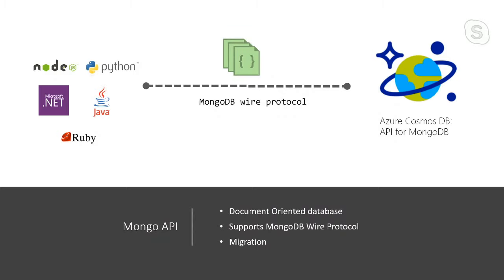You can point your existing applications that use the MongoDB wire protocol, simply change the connection string, point them to Cosmos, and it would start working. And there have been instances of people moving over to the Mongo API on Cosmos as opposed to a MongoDB instance because of security reasons. And you've seen a lot of that in the news probably recently.